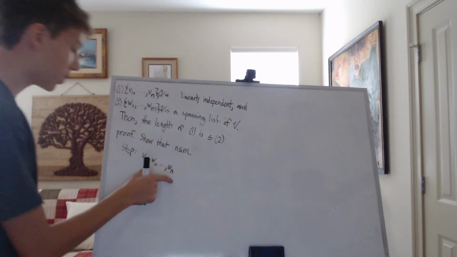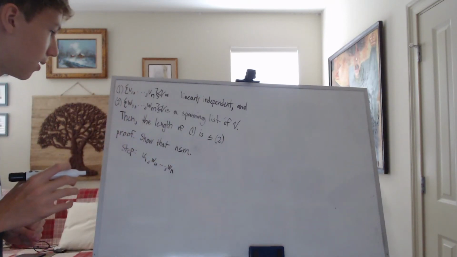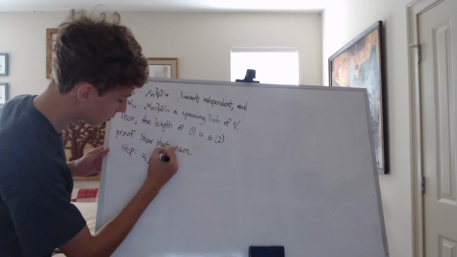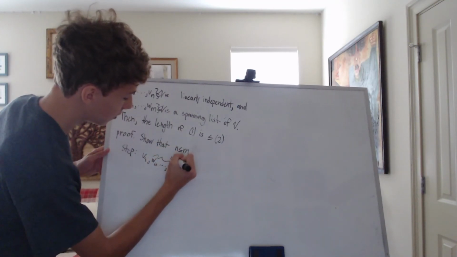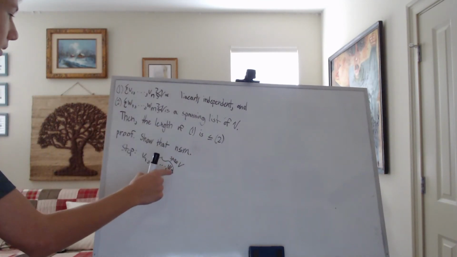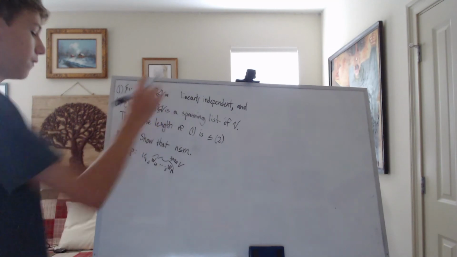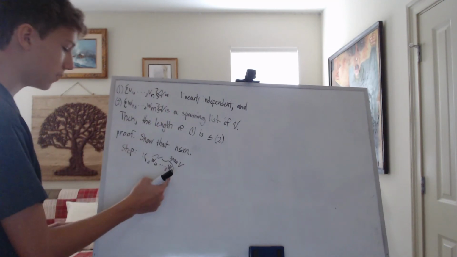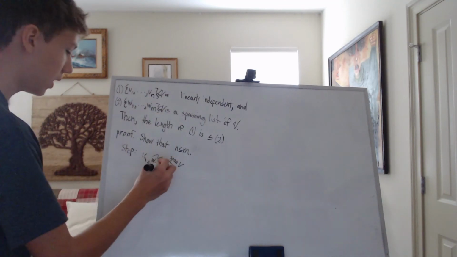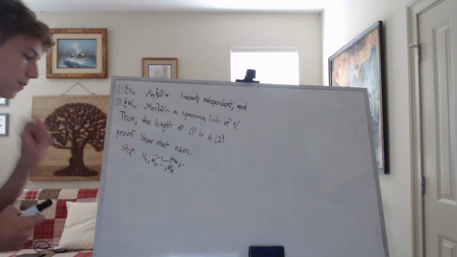This is a set of n plus 1 vectors, but it's linearly dependent because by assumption these vectors span V. Since v1 is surely inside of V, v1 is a linear combination of these, and so by our proposition earlier, it's linearly dependent.